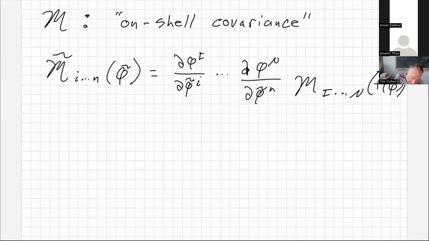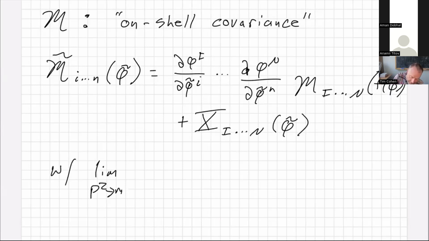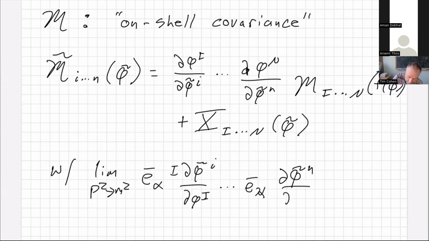That's the covariant transformation, plus some quantity I'll call X of phi tilde, where X has the property that when I take the limit p squared goes to m squared, multiply it by these wave function factors, and take this bar operation, taking the vacuum and setting the J's to zero, this quantity vanishes.